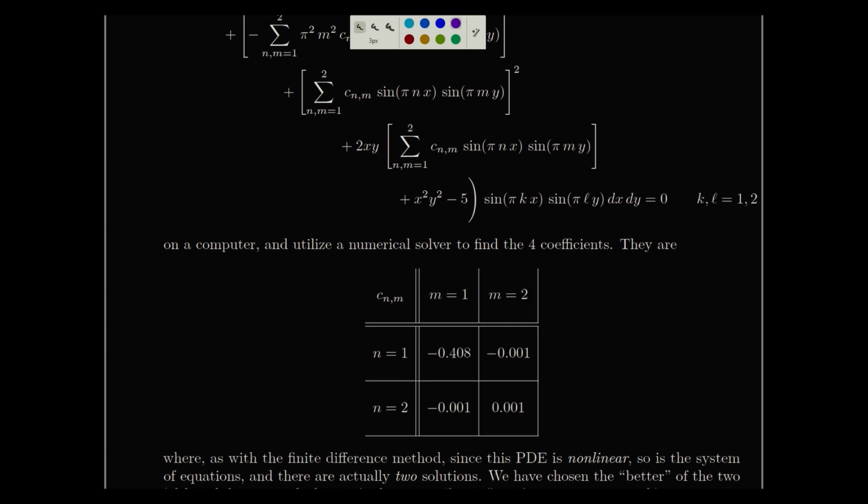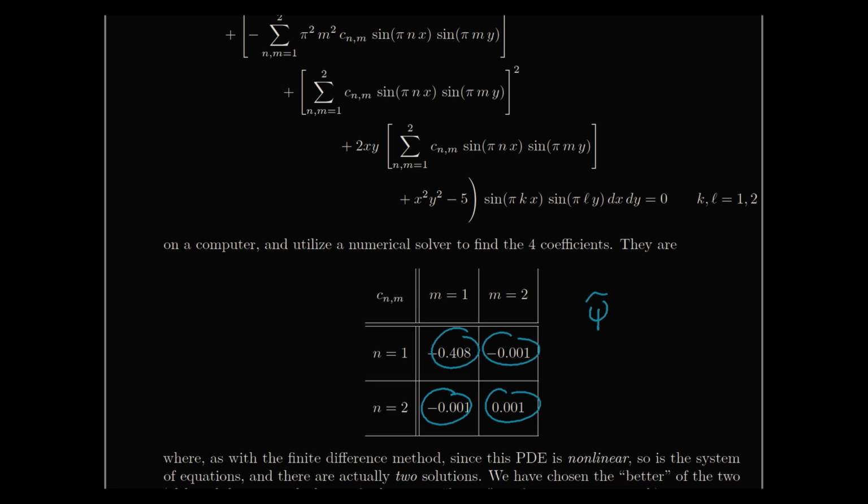And what we do, now that we found these C's, we found 4 C's, we're just going to write out psi approx in xy. It's this sum: the sum CNM sine n pi x sine m pi y, n, m equals 1 to 2. Well, what is that?